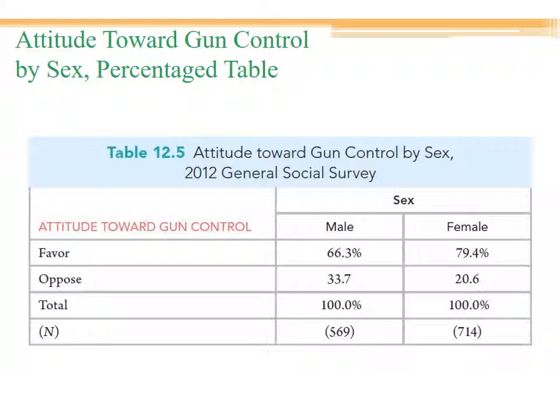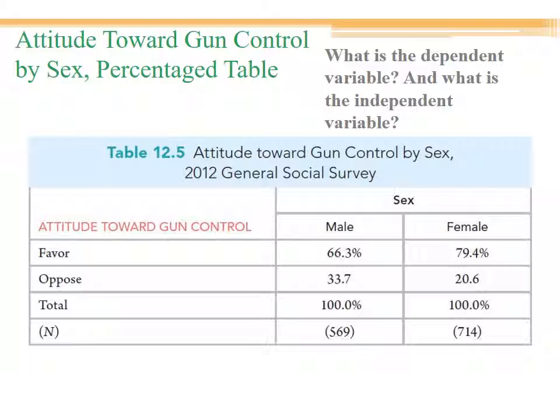Here's an example of a cross-tabulation. See that we are being shown the relationship between two variables, attitude toward gun control and sex of the respondent. What is the dependent variable here? And what is the independent variable? Pause the presentation to find these answers. So the dependent variable is attitude toward gun control.